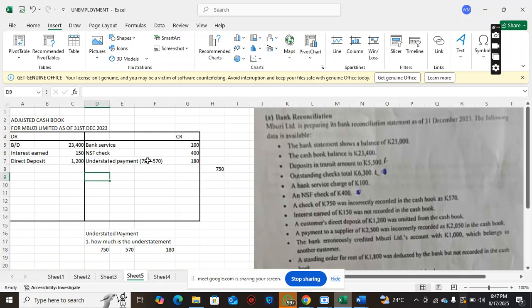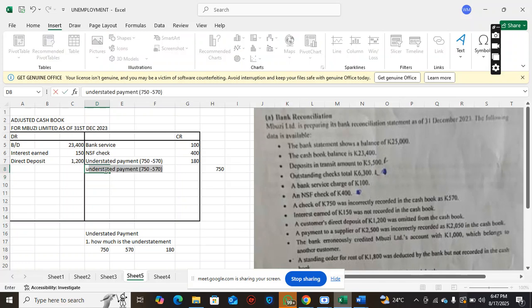No, sir. It's even saying understated payment. So here there's no need for checking afterwards. The difference, the understated amount.